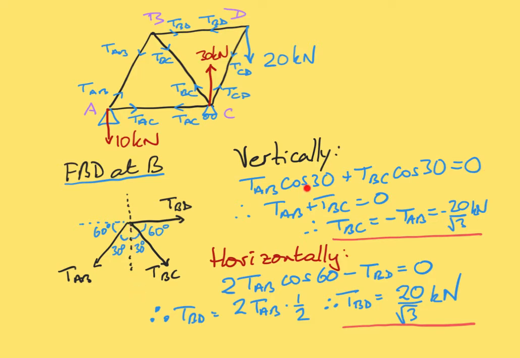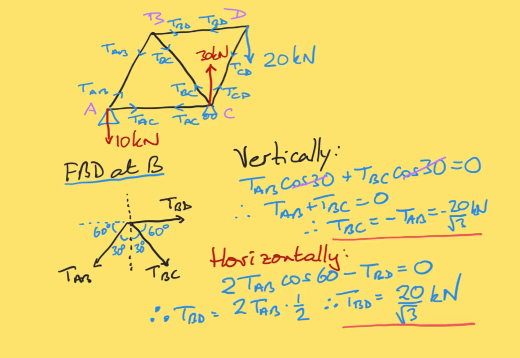Now we look at that and we see that the cosine of 30 is a common factor you could pull out, so we can cancel that common factor, and we recognise that this equation just tells us that TAB plus TBC is 0. So TBC is minus TAB. And since TAB was 20 over root 3 kilonewtons, TBC is minus 20 over root 3 kilonewtons. Good, that means we have solved for this.